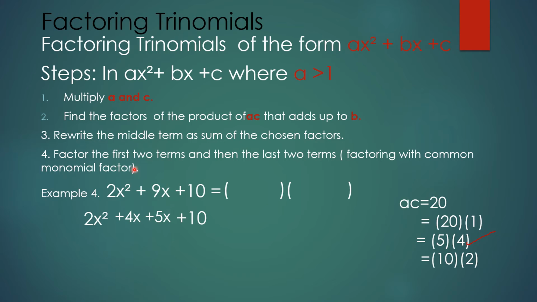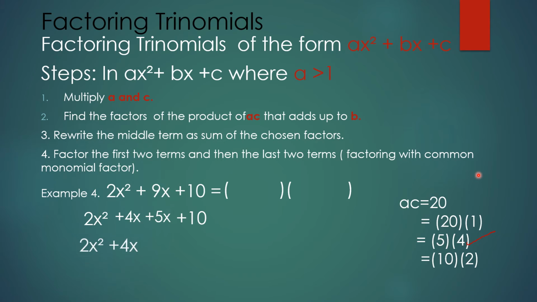Then factor the first two terms, and then factor also the last two terms. This is factoring with a common monomial factor. You can watch videos on this, but I'm going to show also how to factor. Even though these are just smaller numbers, at least if you encounter bigger numbers, you know how to do it.